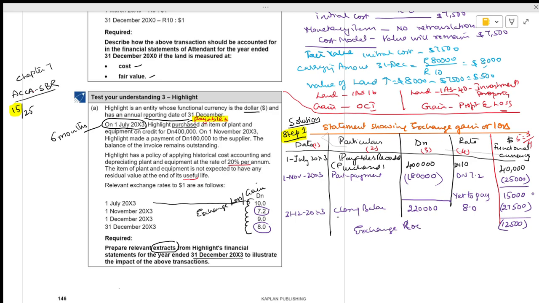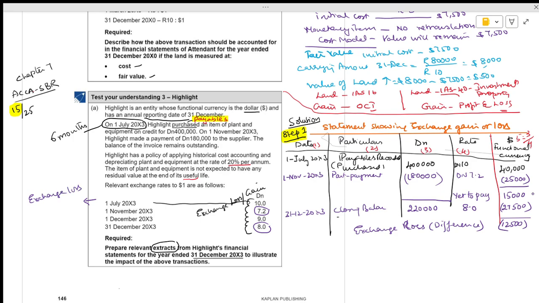Okay, exchange loss, difference. The difference is nothing but exchange loss. We are going to show it in the profit and loss account. Okay, we are going to show it in the profit and loss account. Fine. Now, what are the things we have to show in the financial statements? We have to show exchange loss. Is it right? We have to show exchange loss.